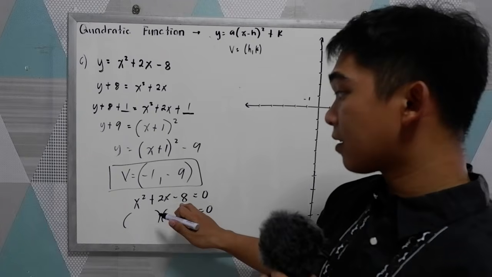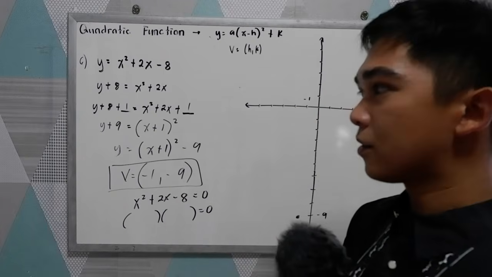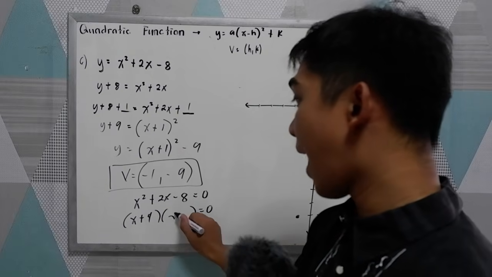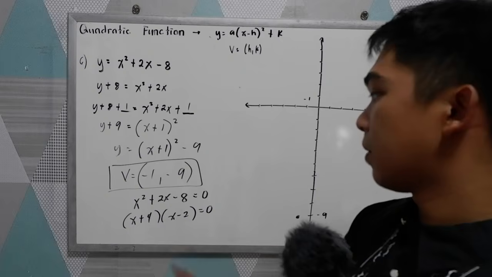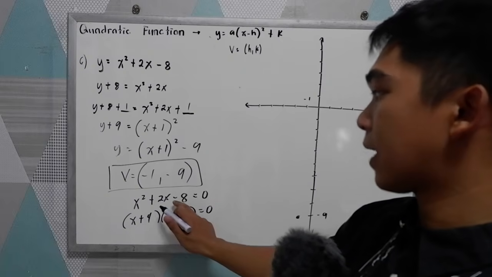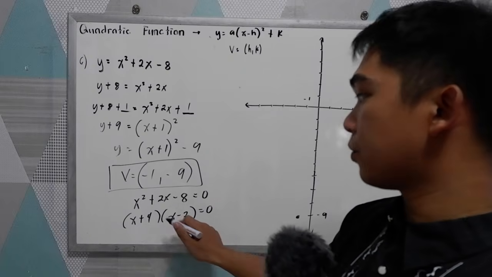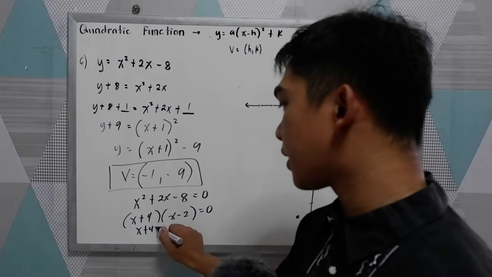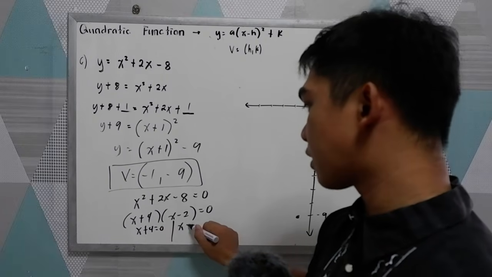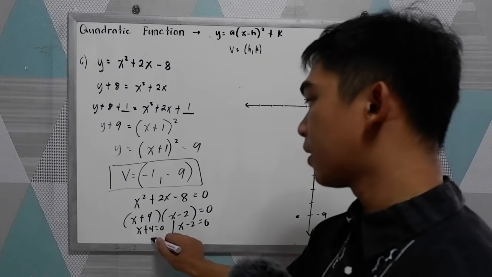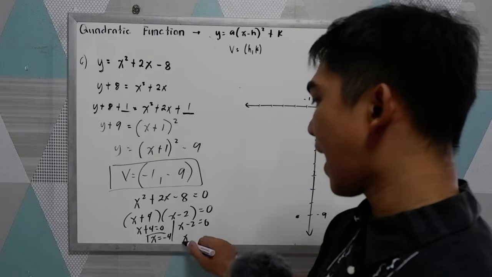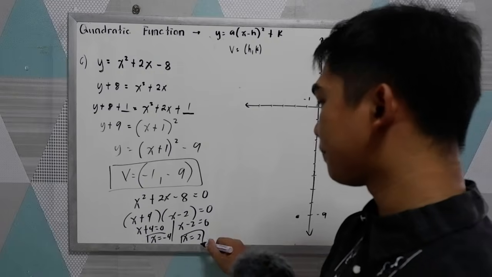Factors of negative 8 whose sum must be positive 2. So that is x plus 4, x minus 2, because 4 times negative 2 is negative 8, and 4 minus 2 is positive 2. Now we have x plus 4 is equal to 0, and x minus 2 is equal to 0. X is equal to negative 4, and x is equal to positive 2.